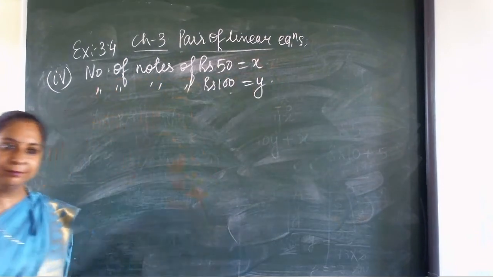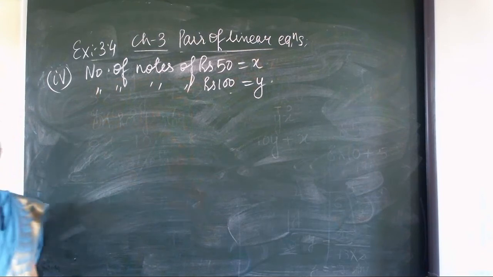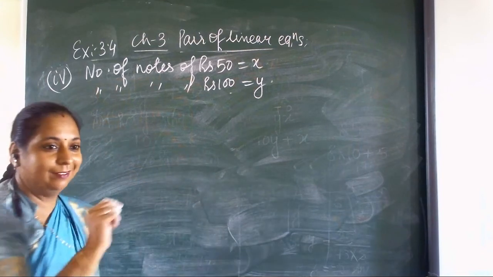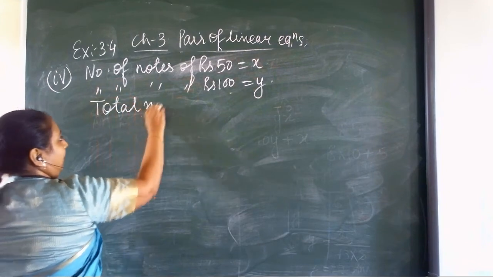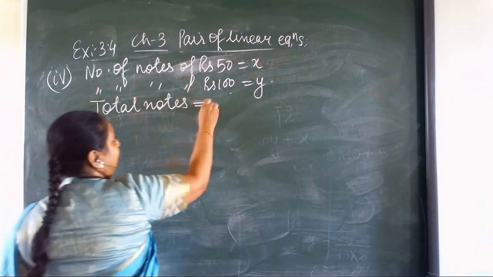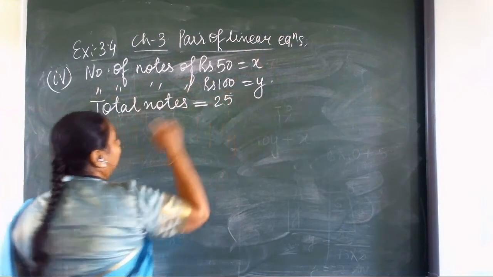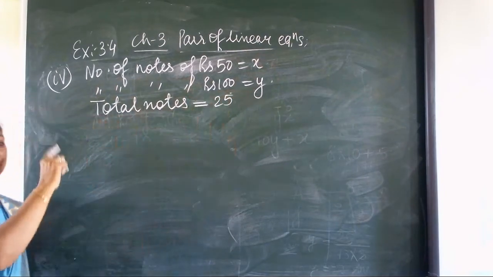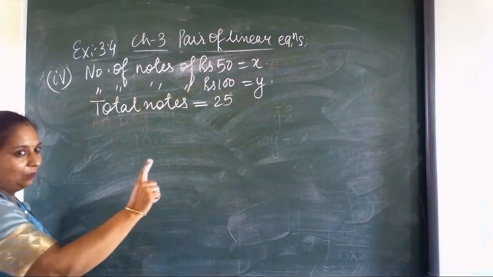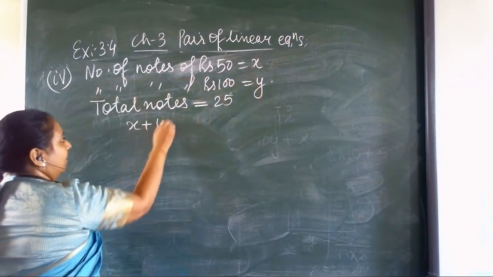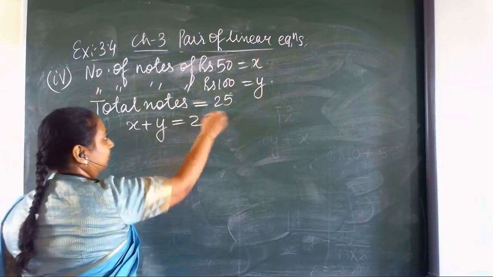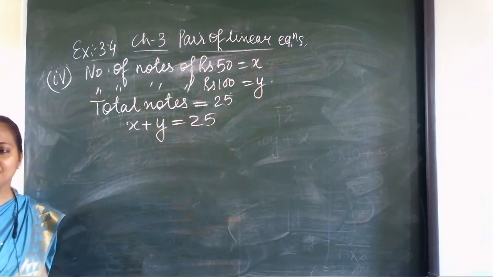Clear? Now first thing is that the total notes are given. What is given? Total notes she received is equal to 25. Now from this we make the first equation. Total notes means x plus y is equal to 25. Clear? This is the first equation.